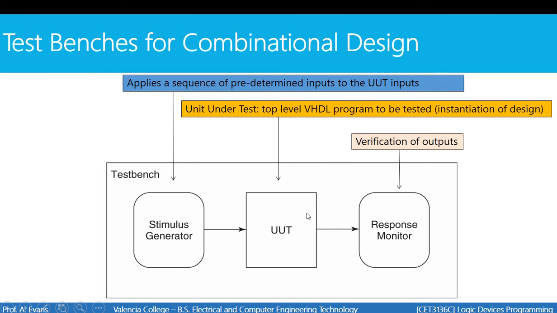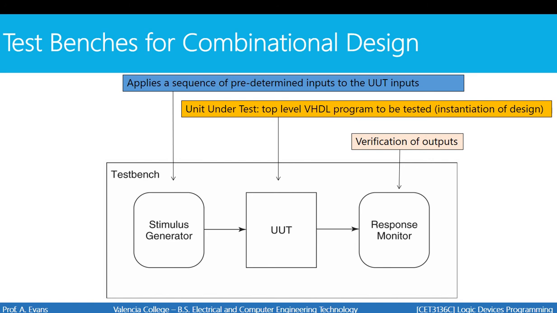So with a test bench, what we typically do is we call the piece of code we're testing a UUT, unit under test. So for example, today the half adder code we've previously written in other classes is going to be our UUT. Our test bench is going to be the stimulus generator, which generates inputs to the UUT, and then it monitors the responses of the outputs of the UUT.